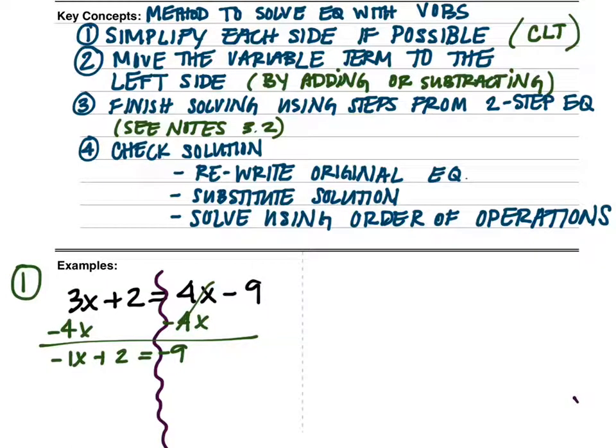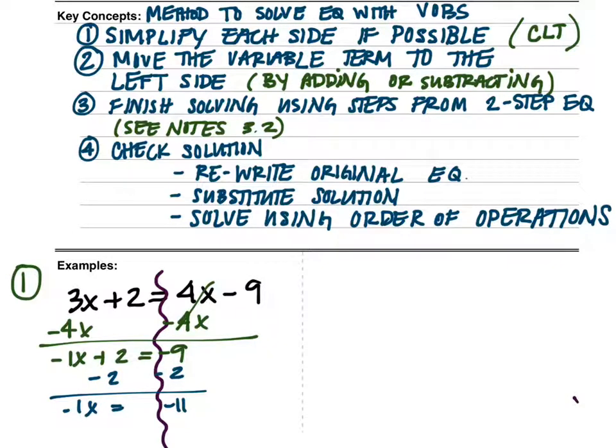Now we can work here using our two-step equation solving skills of subtracting 2 from both sides. And that's going to give me negative 1x is equal to a negative 11. Now I'm going to move that negative 11 over, and I want to make sure that we are aware that it's on this side of that river, if you will.